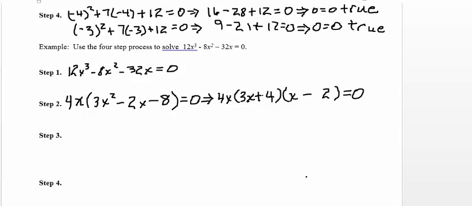So 4x times 3x plus 4 times x minus 2 equals 0. So in step 3, I set the factors that have the variable in them equal to 0.